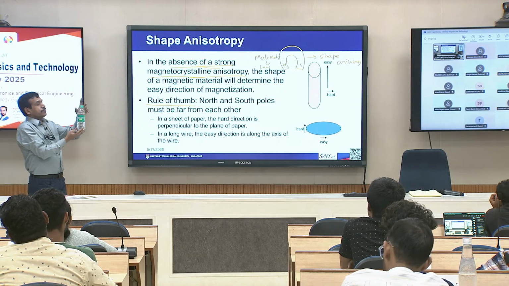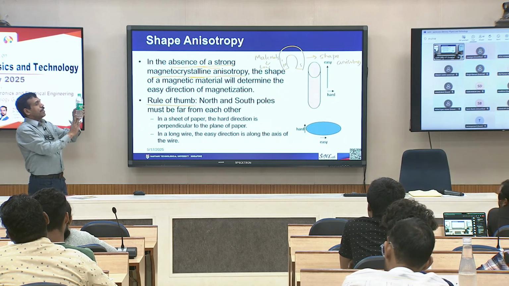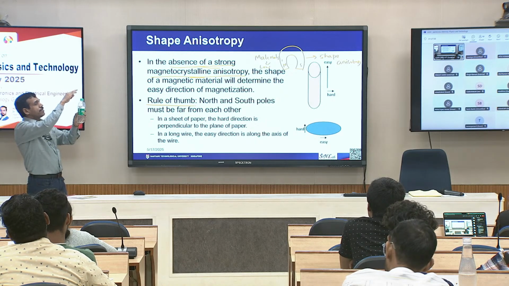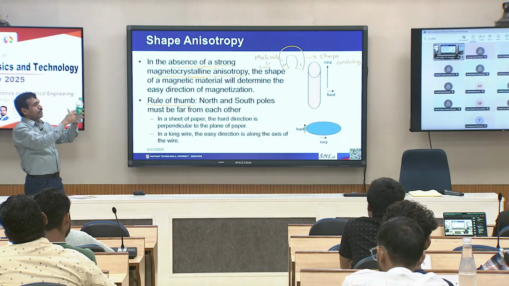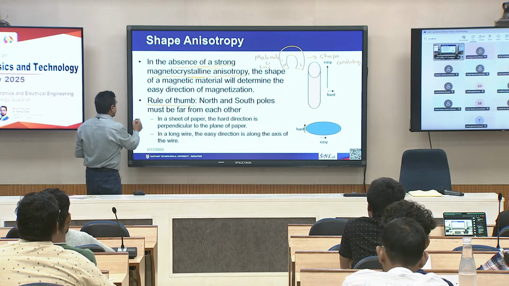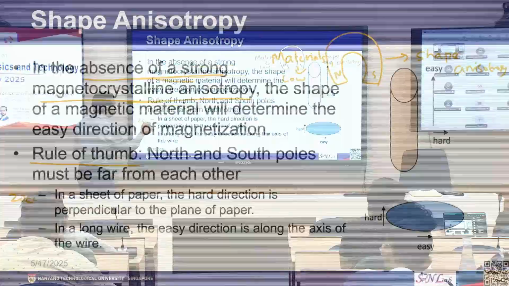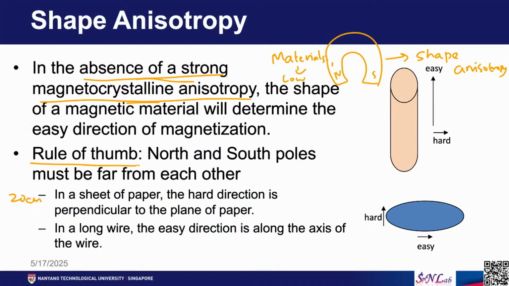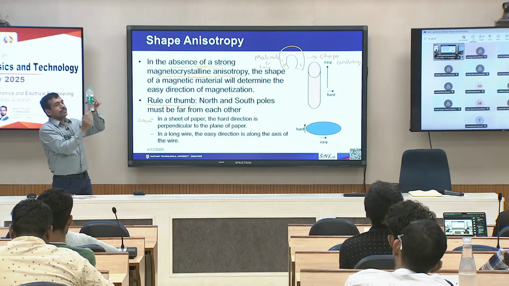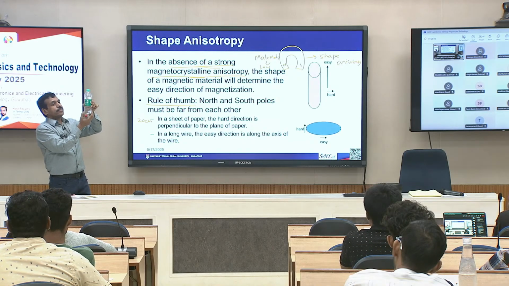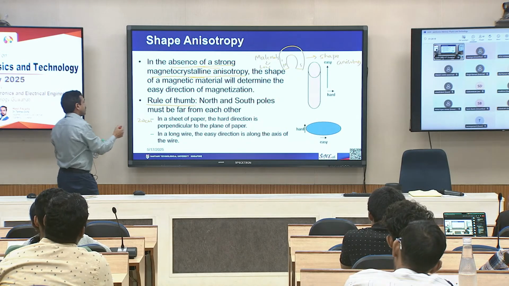When I magnetize this magnet along this direction, the north pole is here, the south pole is here, and they are separated by about 20 centimeter. Now, I take the same piece of magnet and try to magnetize along this direction, the radius direction. So, let us say I have north pole here, south pole here, and they are separated by around say 6 centimeter.